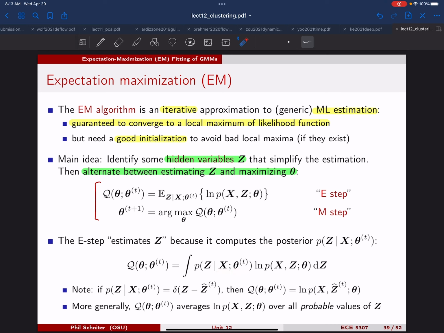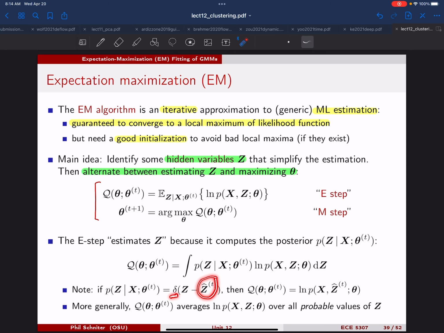This distribution is what we would call a posterior distribution. If you looked at the mean of this, that would be the minimum mean squared error estimate of z. You could look at the mode of this to get a different estimate. There's all sorts of estimates of z that you can create from this distribution. In a really simple case, maybe this distribution would have all of its energy concentrated at one value. So this is this Dirac delta.